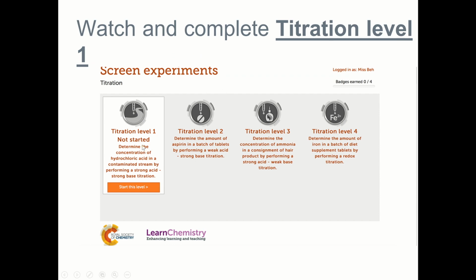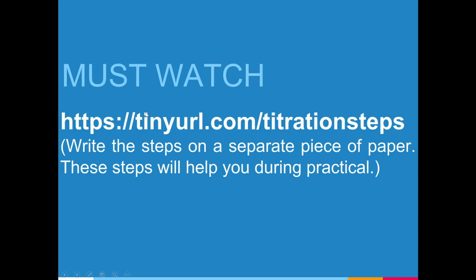Another thing I would like you all to do is, of course, go to tinyurl.com/titration steps. Write down the steps on a separate piece of paper. When we go to lab, you will use your own procedure to try out the steps.